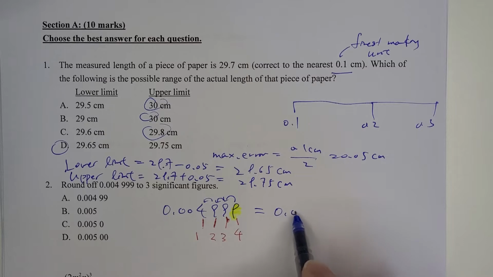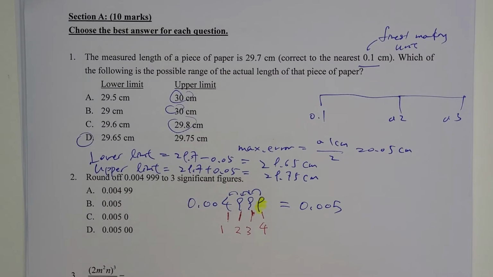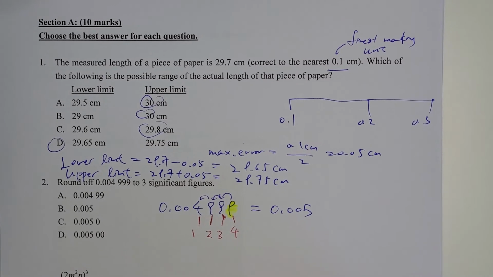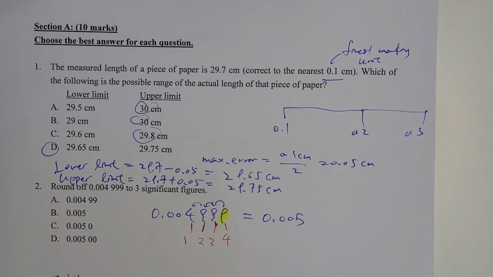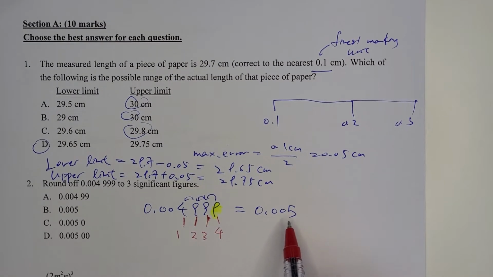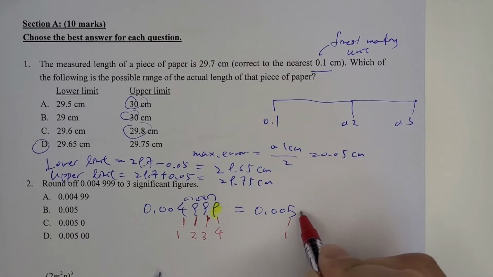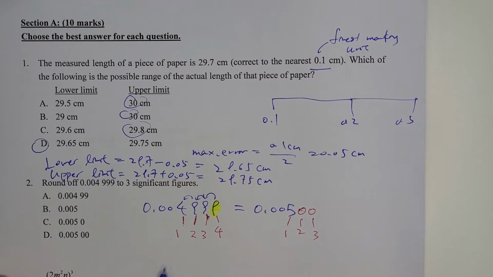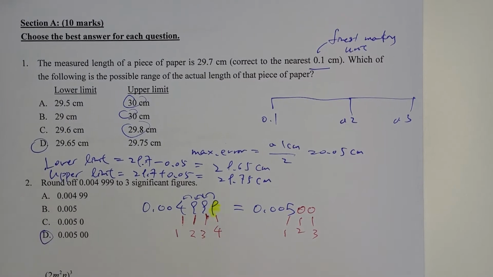So you will write something like this, right? 0.005. But you need to round to 3 significant figures. As I told you, the leftmost first non-zero number will be the first significant figure only. So you need to add 2 more 0 to make it a 3 significant figure. Okay, so therefore the final answer will be D. D for dog.